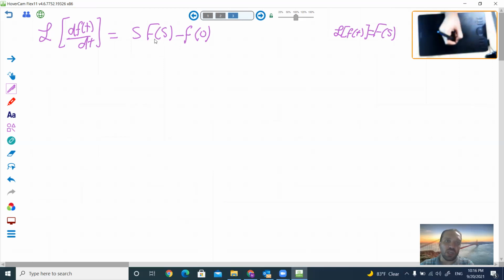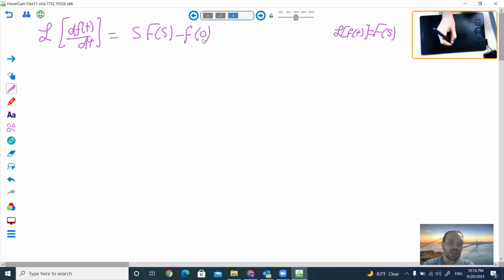When you see f capital, it means this is the Laplace transform of f of t. But now we are asked to get the derivative of this f of t. So it will equal s times f capital of s, which is the Laplace transform of f of t alone without the derivative, minus f small of 0.